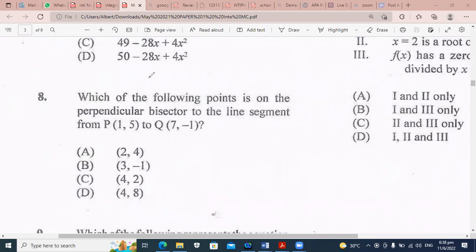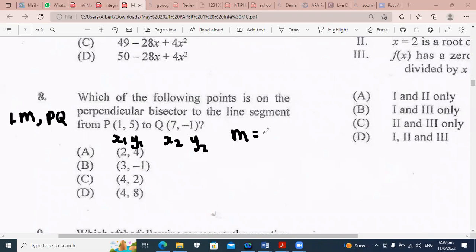The first thing you're going to have to do is find the gradient, which is m of PQ. Remember, this is x1, y1, x2, y2. Can somebody remind me of the formula for finding the gradient of a line segment?